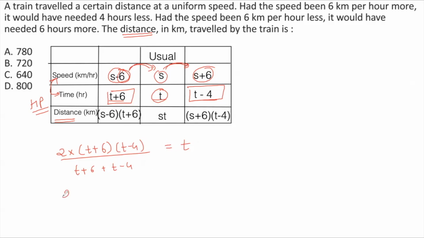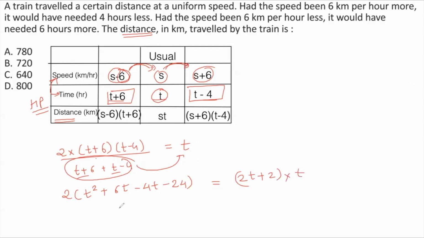Now, if you simplify, the numerator here is t square plus 6t minus 4t, that is 2t, and 6 into minus 4 is minus 24, is equal to the denominator. I will simplify and take it to the right hand side. t plus t would be 2t and 6 minus 4 is plus 2. So 2t plus 2 gets multiplied by t.